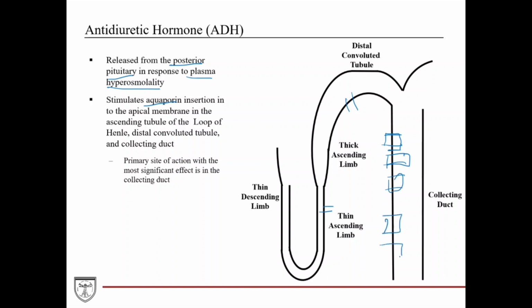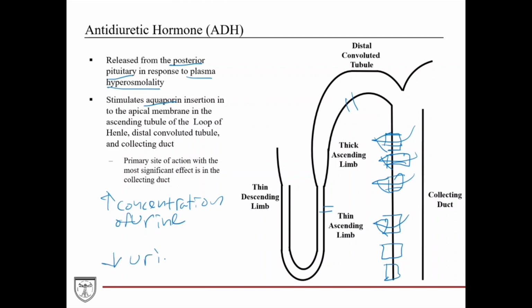This is the primary site of action. This is where it's going to have the most significant effect. And so you're going to reabsorb a lot of water. What that does is that increases the concentration of urine, because you're removing fluid, so you're increasing the concentration of solute. That's also decreasing urine output.